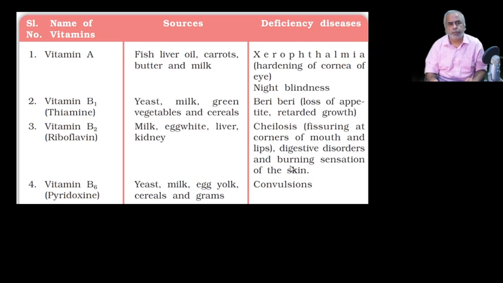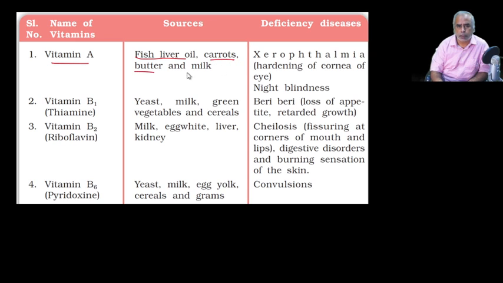Then we have got different types of vitamins, their sources, and the deficiency diseases. You have to learn all these things. Let me consider the first one, vitamin A. The main sources are fish liver oil, carrots, butter, milk.